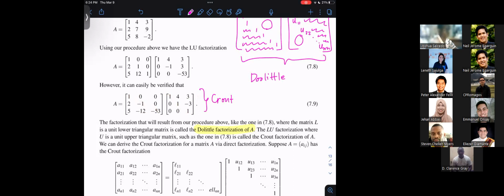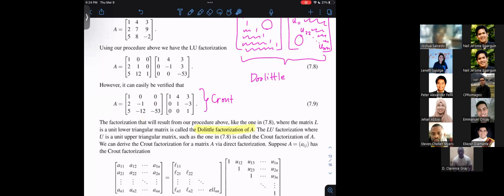So at least now we found two different LU factorizations of the matrix A. We have Doolittle's form, wherein we have a unit lower triangular matrix times an upper triangular matrix. But in Crout's factorization, we get a lower triangular matrix times a unit upper triangular matrix.